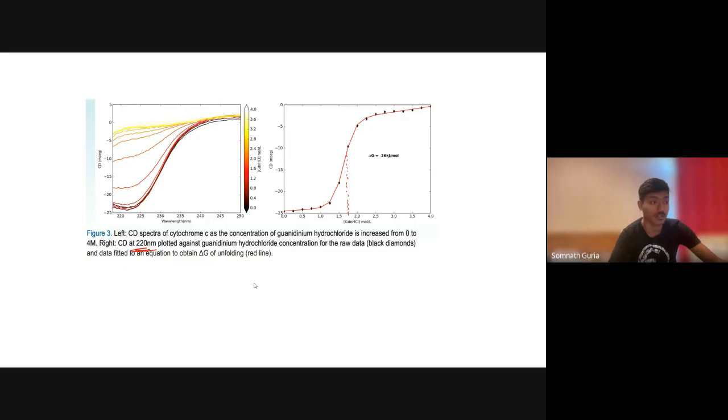The midpoint of that sigmoid curve is found at a guanidinium hydrochloride concentration of around 1.75, which is the point where the cytochrome c structure changes.